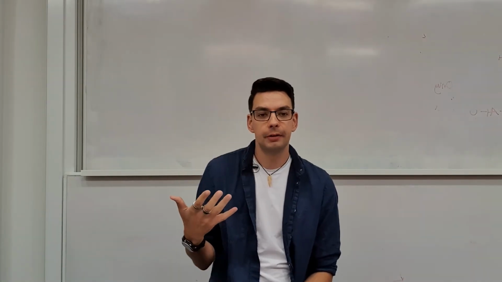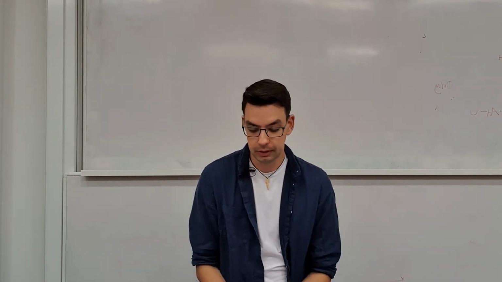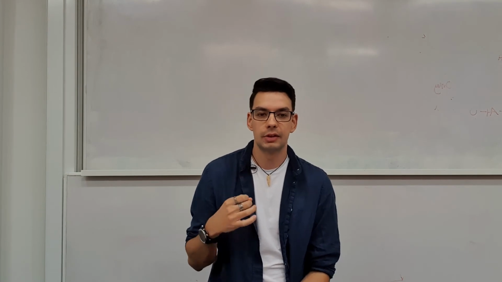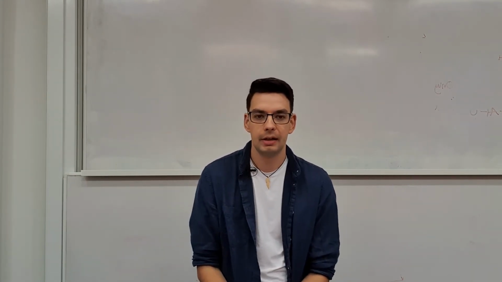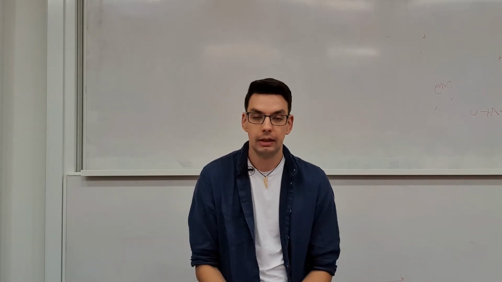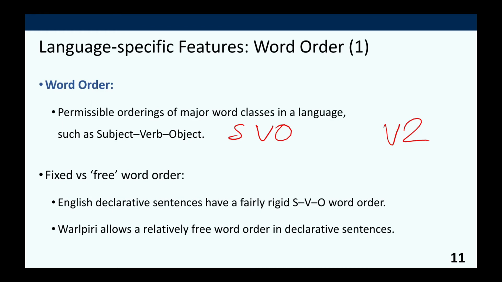Languages can also differ in how much freedom they allow with word order. So we have some languages that have a fixed word order that require words to occur in a predefined order, and other languages that allow more leniency. So, for example, in English, declarative sentences must have the order subject, verb, object, or SVO, whilst in the Central Australian language, Warlpiri, words can occur much more freely.